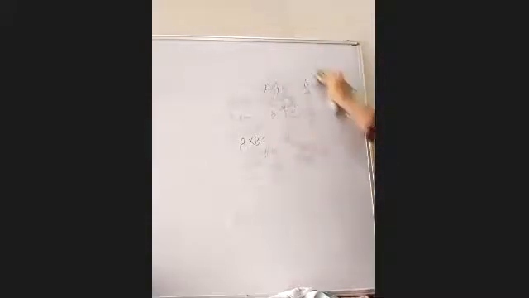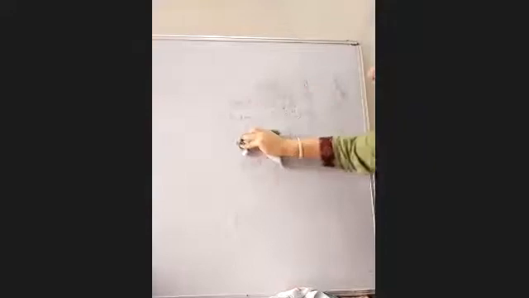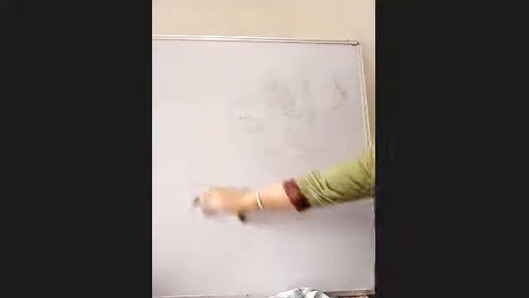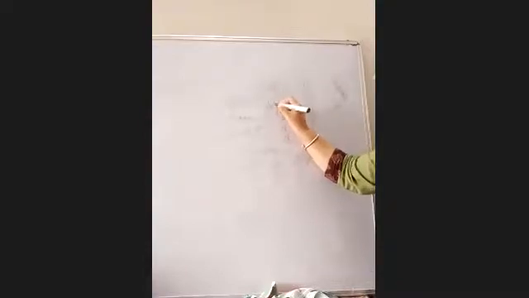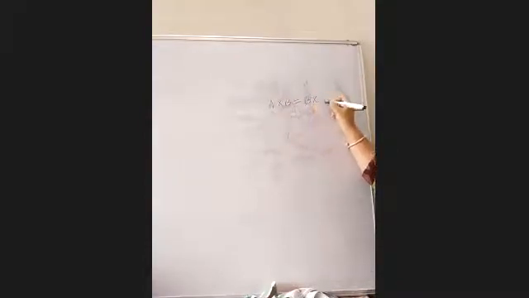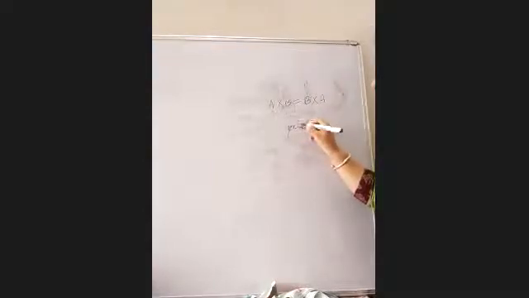If I am saying that A cross B, is A cross B equal to B cross A? No, A cross B कभी भी क्या होती है? B cross A के इक्वल नहीं होगी. If I am having any cross product A cross B and I am saying it is equal to B cross A, it is only when A equal to B. जब तक A B के इक्वल नहीं आ जाता तब तक हम क्या करते हैं? क्रॉस प्रोडक्ट को इक्वल नहीं लेते.